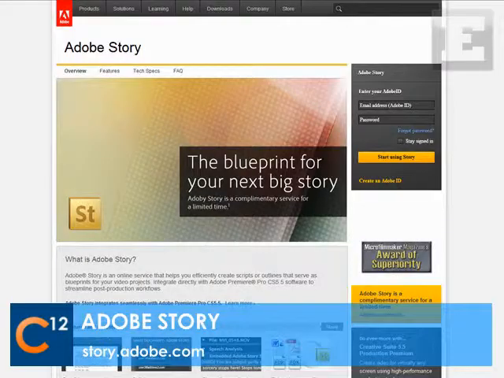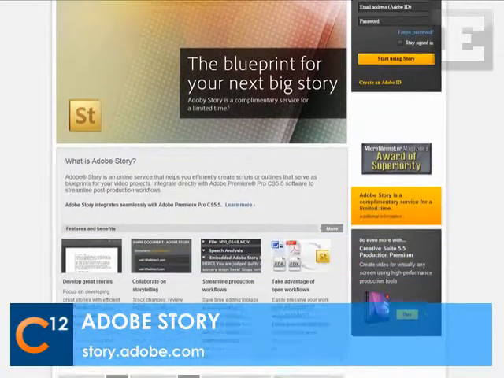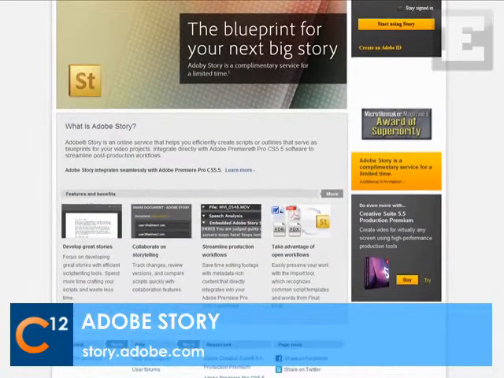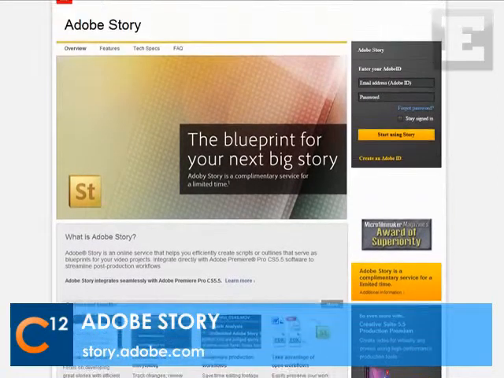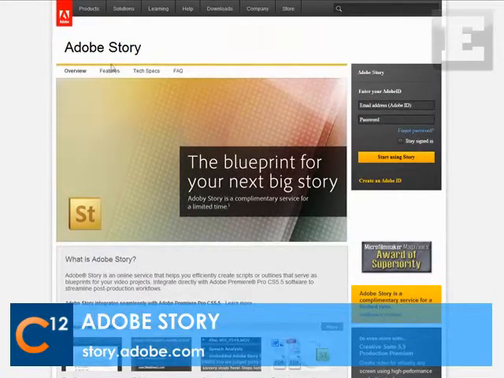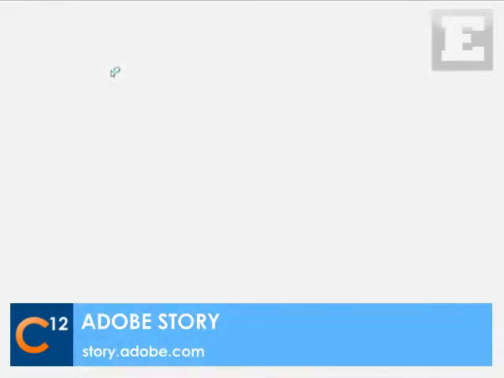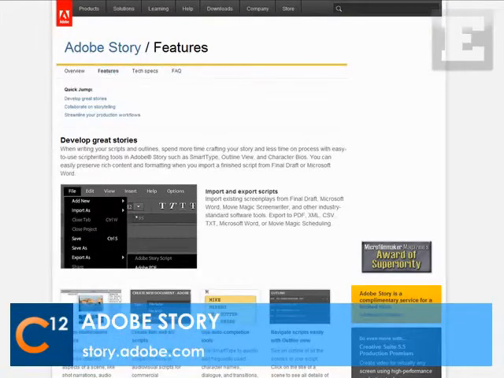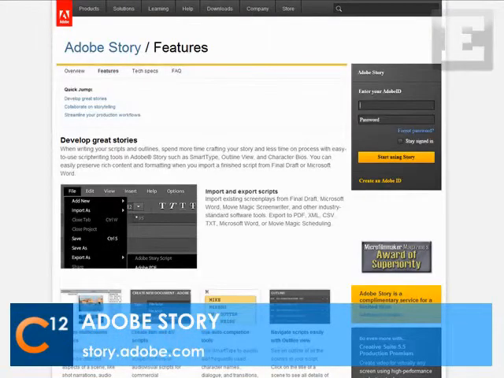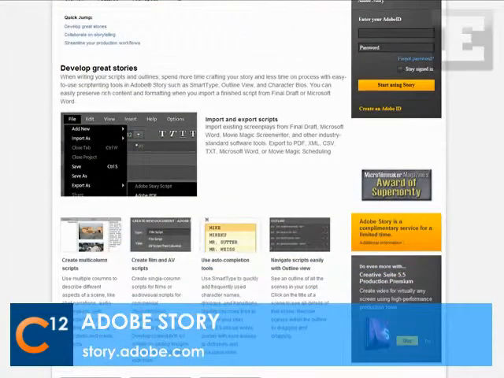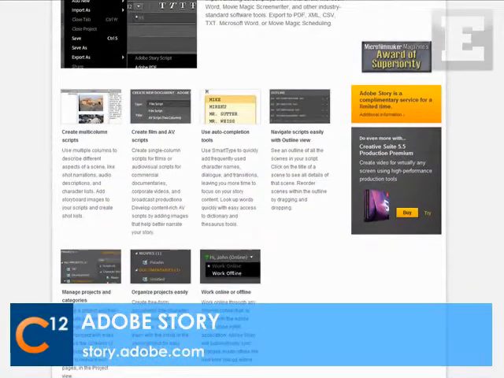So I did, and what it is, is a digital collaboration tool for writing screenplays. The idea is that it has workflows that integrate with the rest of the Adobe Creative Suite, so you could write a screenplay in Story, and then push things right over into Premiere and make use of it for subtitles, for example.